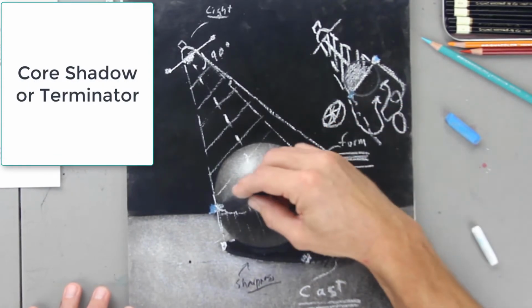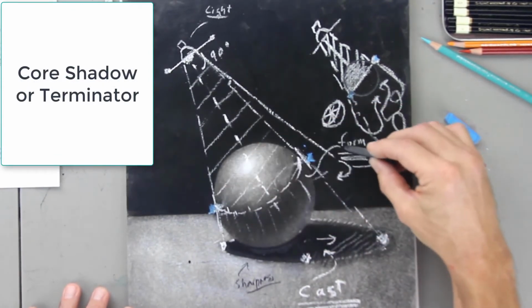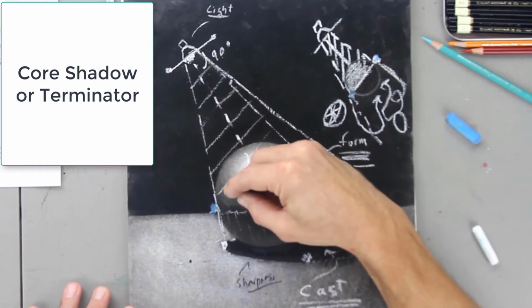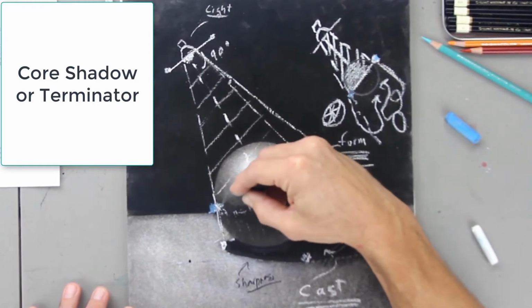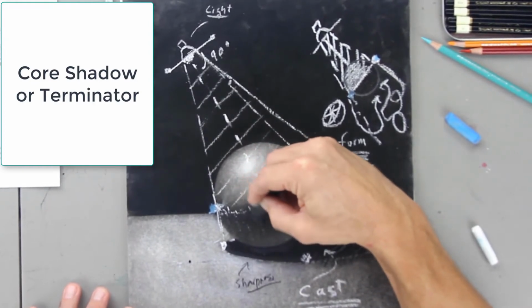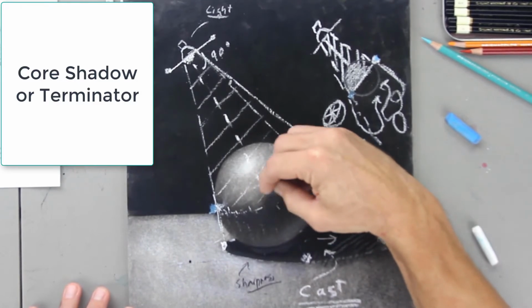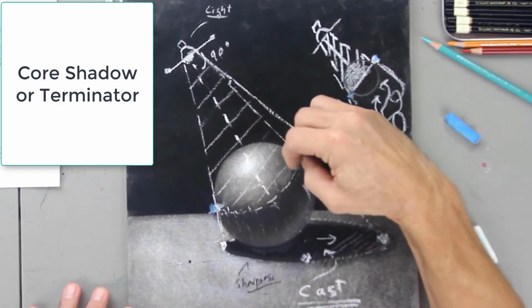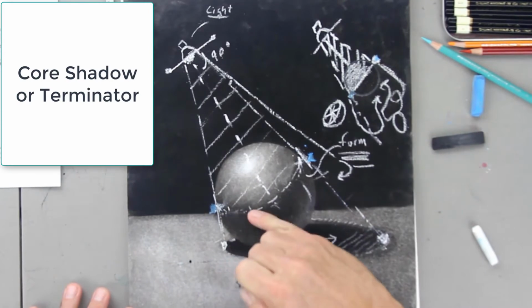Now, another part of the shadow, when referring to the form shadow, is right at that point of tangency where the shadow begins. It is typically a darker area, as you see right through here.